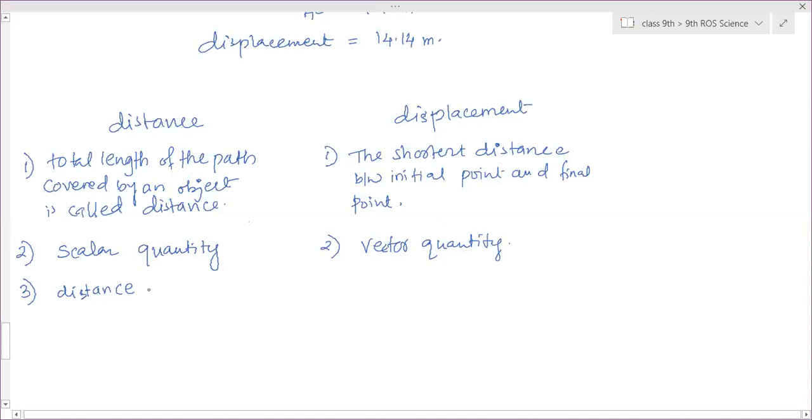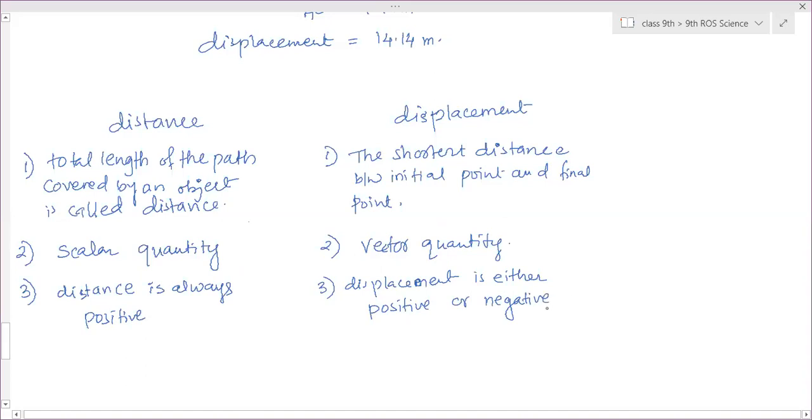So distance is always positive because we are adding it up always. So it is always positive. And displacement can be both positive and negative, depending on the direction. It can be zero also.